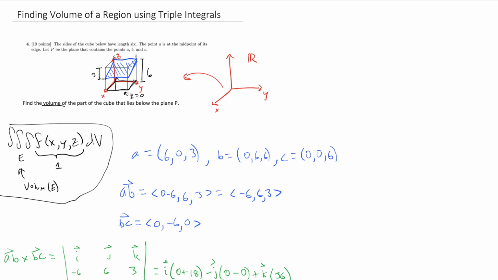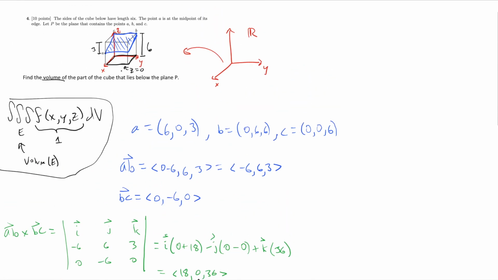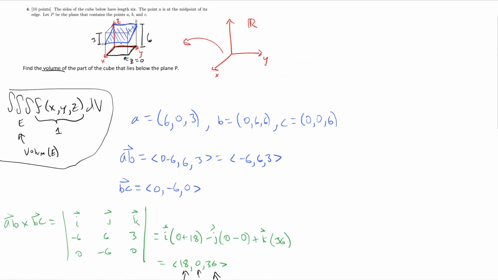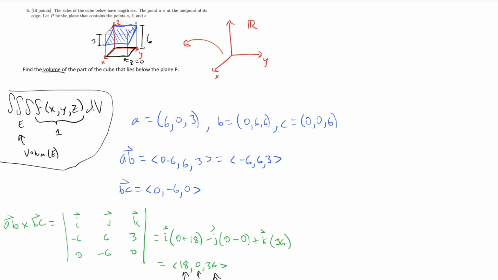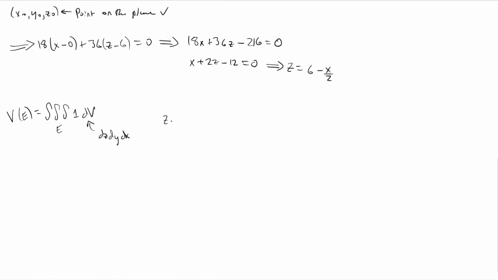But if you're back here, then z goes from 0 to 6. So that's why we're expressing the upper bound of z in terms of x. And so the summary of all this, z goes from 0 to the equation of this plane, which is 6 minus x over 2. So z goes from 0 to 6 minus x over 2.